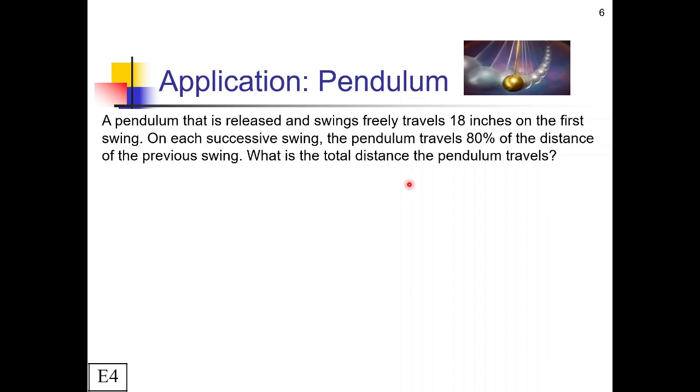We want to know the total distance this pendulum travels. We have this multiplying over and over again by the same number. That's what this 80% is doing. This is definitely an exponential situation, so an infinite geometric series is what's going on here. Pause the video and see if you can find that distance.